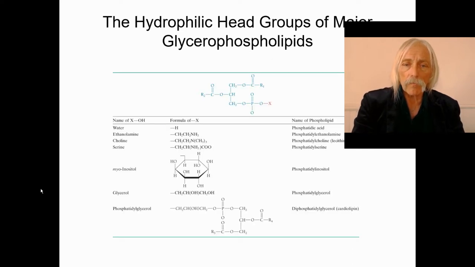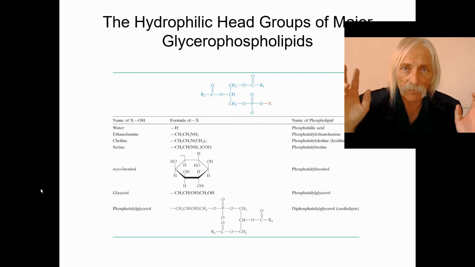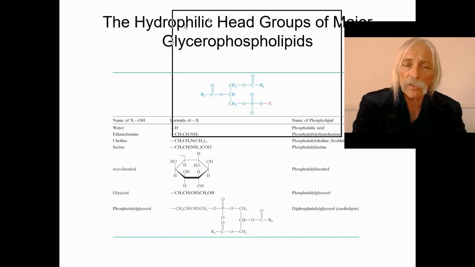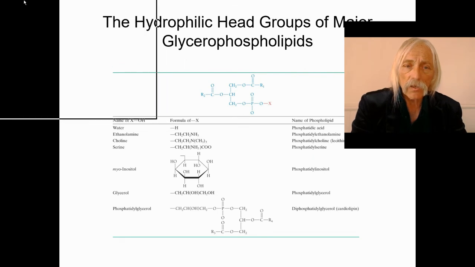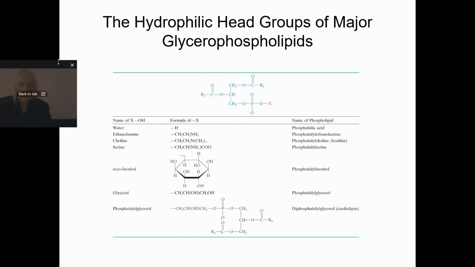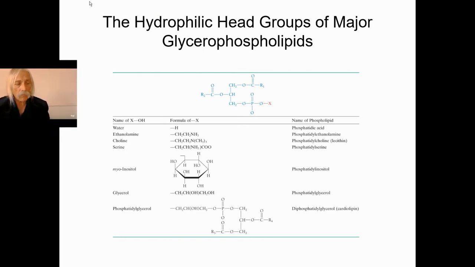So here are some of the so-called hydrophilic head groups of major glycerol phospholipids. And you also find these in sphingolipids. So it's not just the glycerol lipids that you get these. So take a look at them with the glasses back on. It's kind of hard to read that with that white background. Again, here is your preformed glycerol lipid, fatty acid in one position and on the two position.